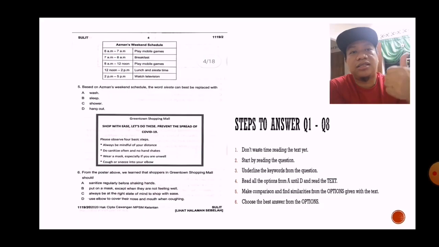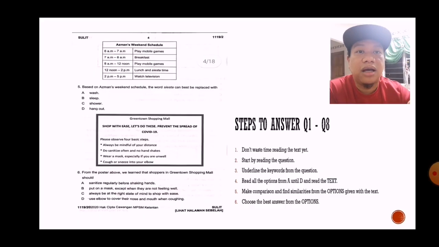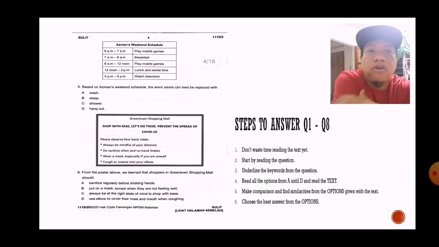So 6 to 7. He stops at 7 and then he continues at 8. Okay, 8 to 12, so 4 hours plus 2, 6 hours of playing mobile games. So I'm sure Azman here is definitely a gamer, right? Because 6 hours a day.